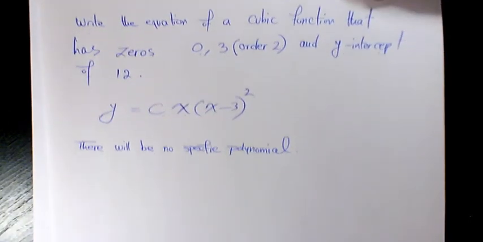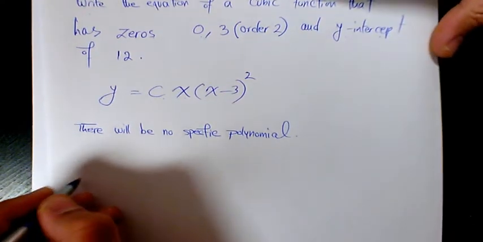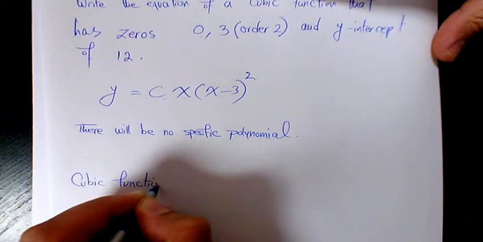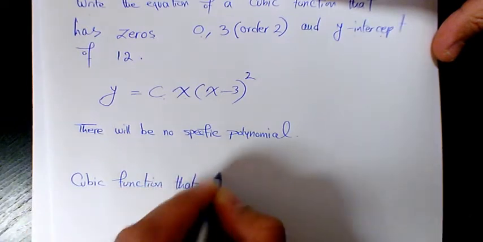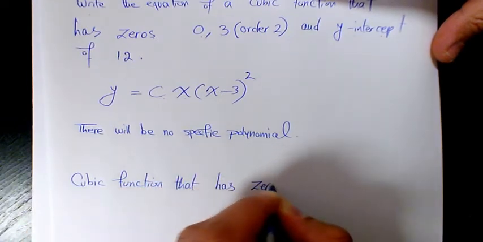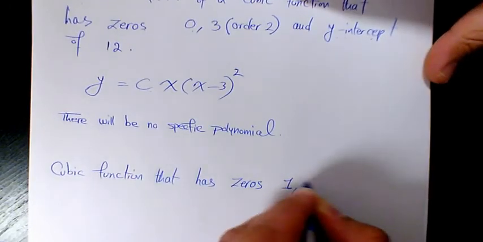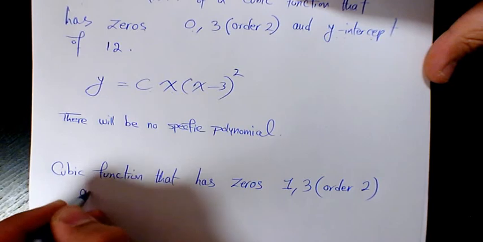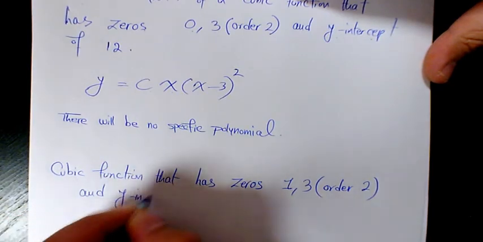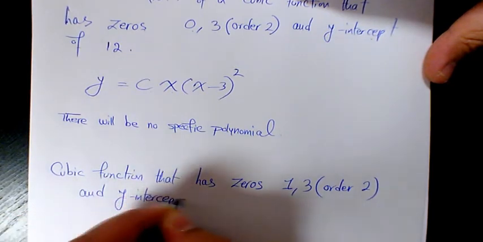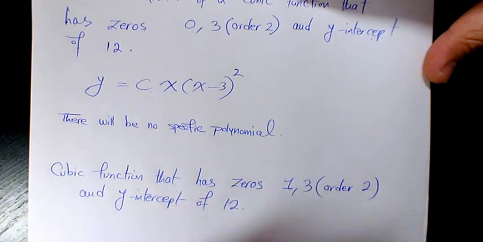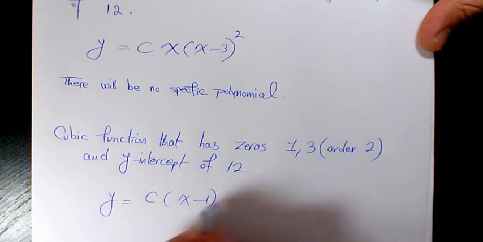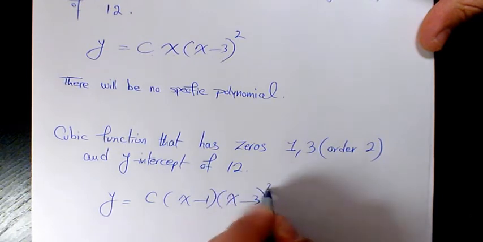Now imagine if it says the cubic function has zeros of 1 and 3, order 2, and a y-intercept of 12. So that's going to be y equals c times (x minus 1) times (x minus 3) to the power of 2.